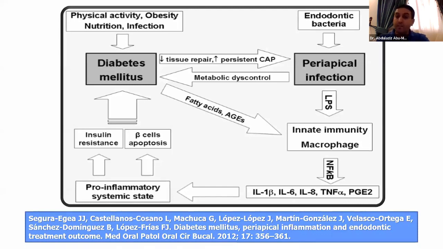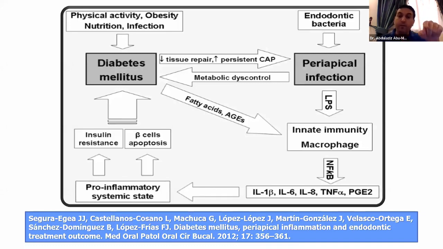If the diabetes is not controlled, then our healing process will not go. It's a cycle, and with uncontrolled diabetes we have a break in that cycle. If we have a periapical infection and a controlled diabetes, we will have a much higher success. So we have to control the disease more than look at how we deal with the patient in our clinic.